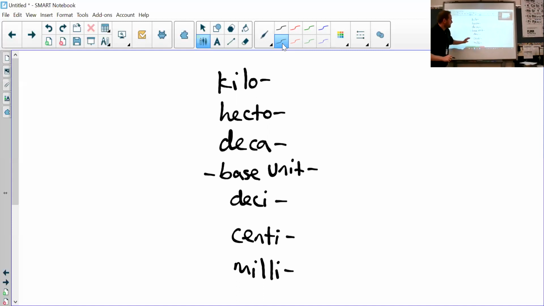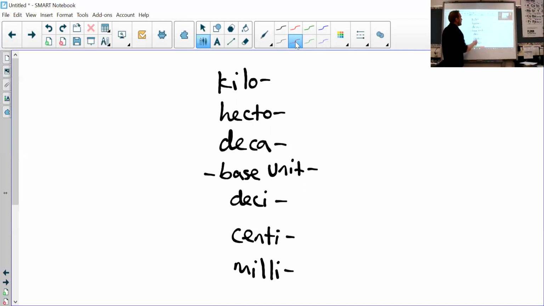If you want to quickly convert, you can, using sweeping zeros or just doing the math in your head, converting between these. I'm not going to say I discourage it, but eventually we're going to work with conversion factors, which is a more efficient way, in my opinion, of converting between units.